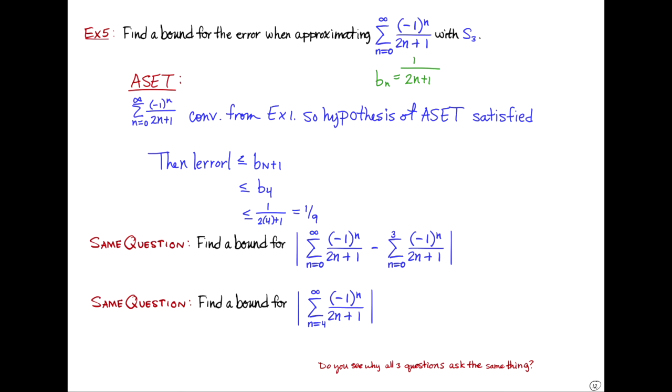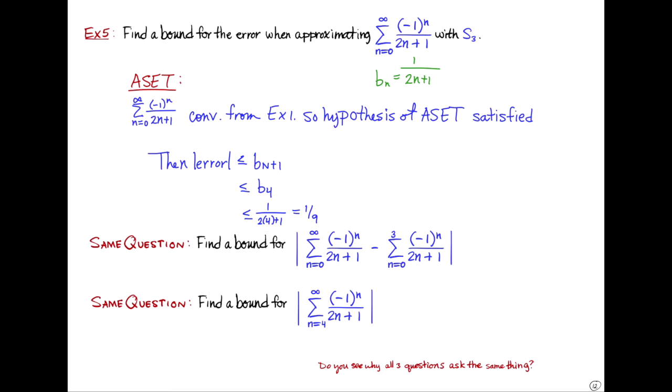We could rephrase this question as find a bound for the absolute value of the infinite sum minus the sum from n equals 0 to 3 of -1 to the n over 2n plus 1. And now notice that we call this S sub 3, but there's 4 terms because we're starting at n equals 0.